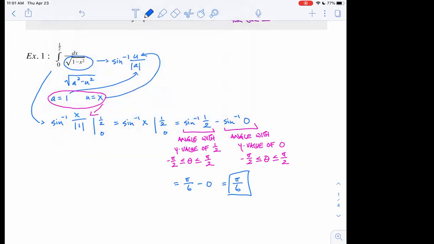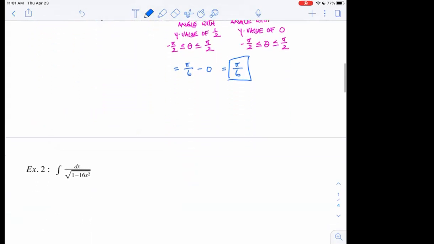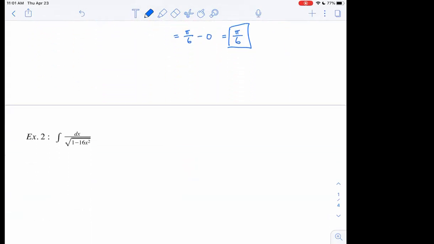So let's take a look at example number 2 and see how that's going to be similar or different. So for example number 2, do we think our answer is going to end up being arcsine or arctan? Would it be arc sine?